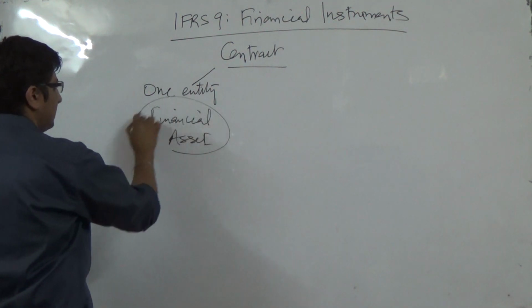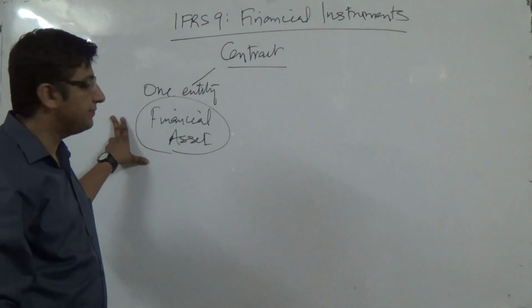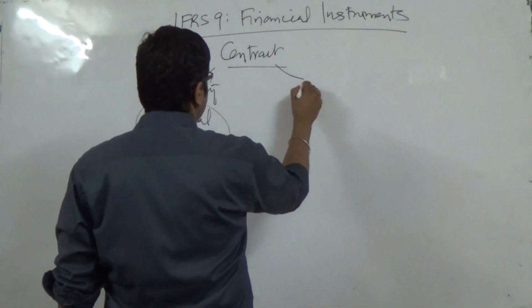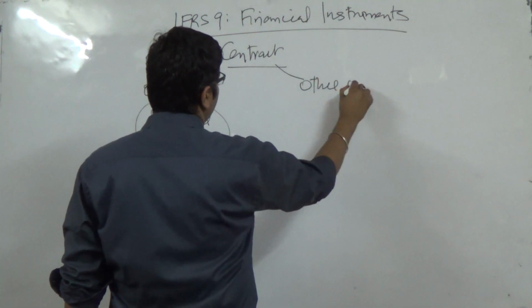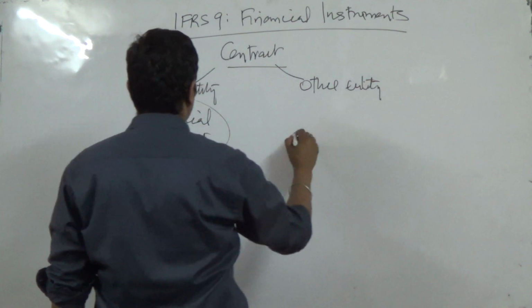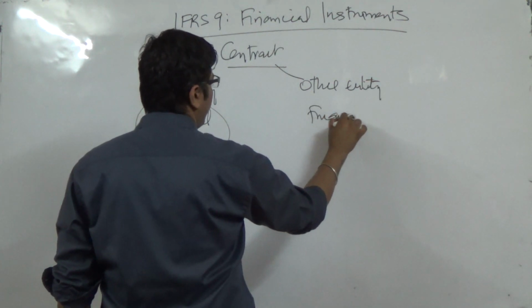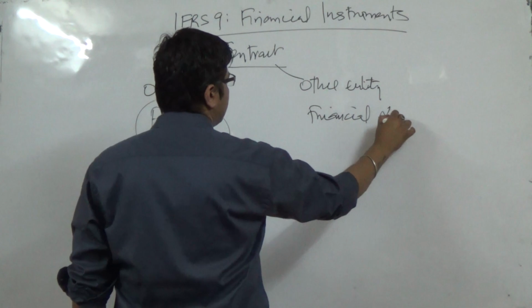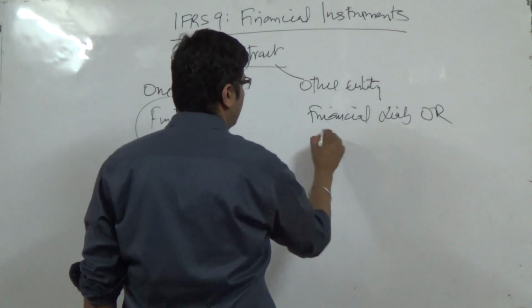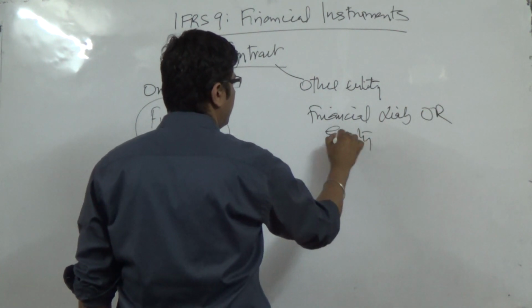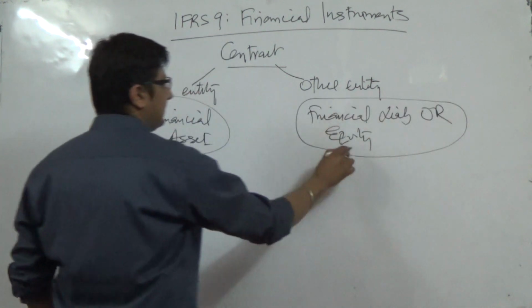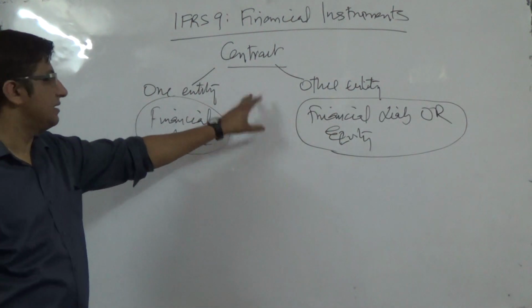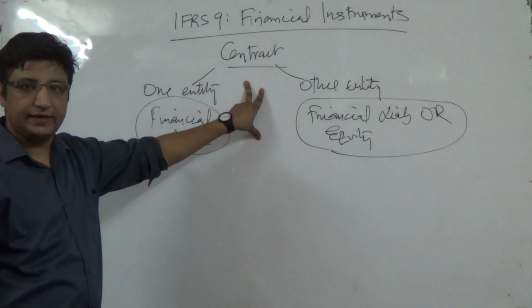We're going to discuss the meaning of financial assets in a minute. And the other entity has a financial liability or equity in its books. Now, this is a bit more technical definition that we're looking at as of now.